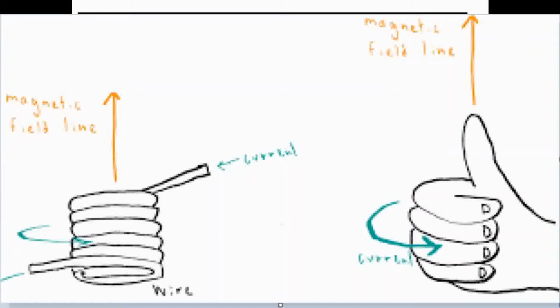It shows the curl of the fingers on the right, that's the current flowing through, with the teal color arrow. And the orange arrow is the magnetic field. Physically, what this looks like is a solenoid where the current is wrapping around that coil, and the magnetic field is shown coming out of that coil.